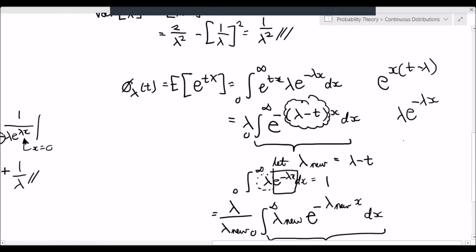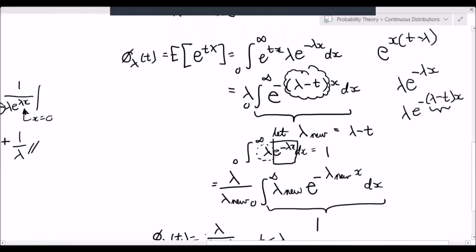So it becomes lambda e to the negative lambda minus t, x. And then you see that we need a lambda minus t in the exponent part to have it look like lambda e to the negative lambda x.